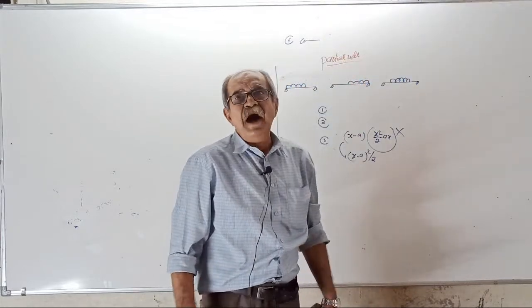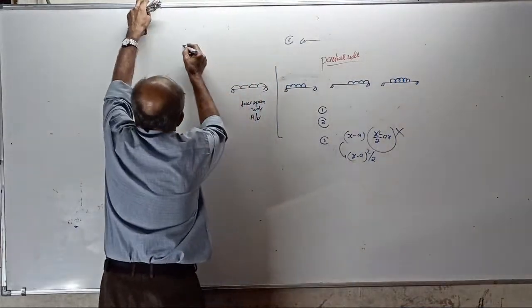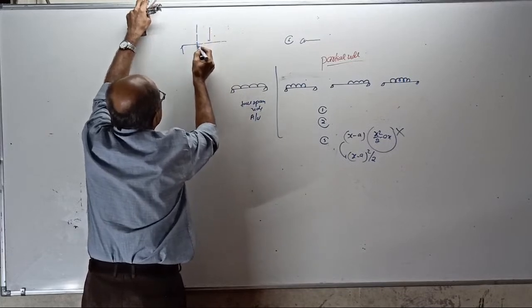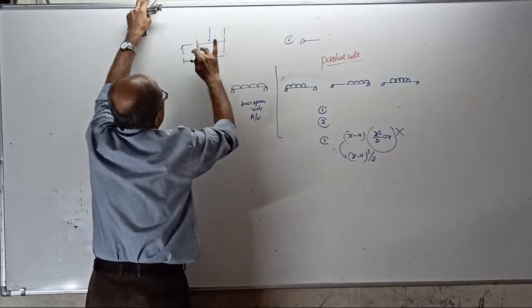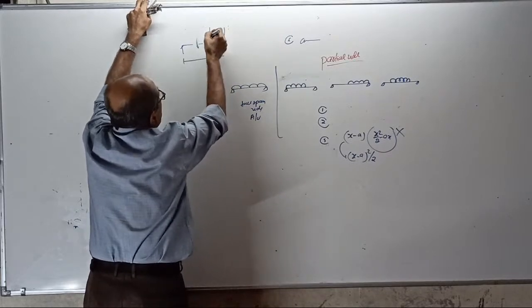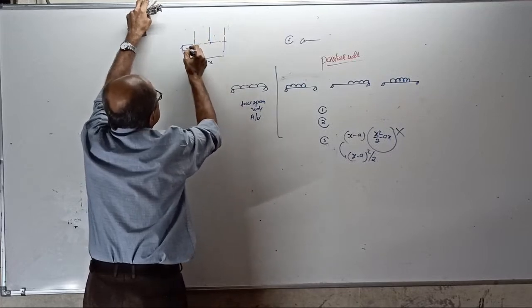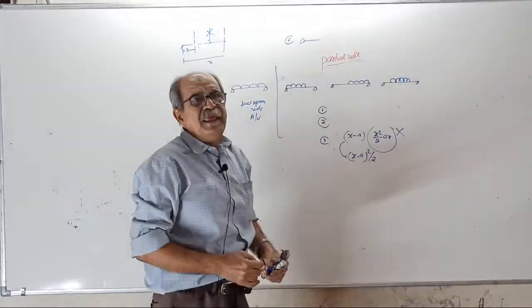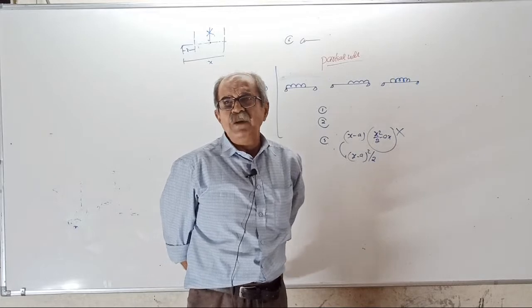For example, if there is a point load here and I take a section XX here at x from here, after this the point load will come. If I use the section from here, this point load will not come. I told that very clearly. Non-applicable terms should not be considered.